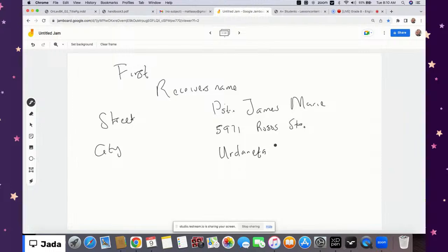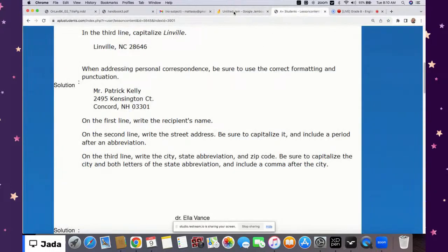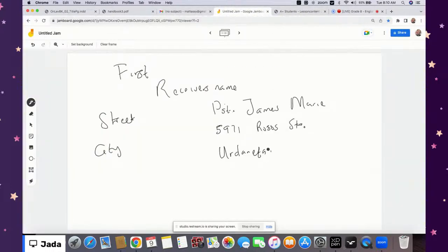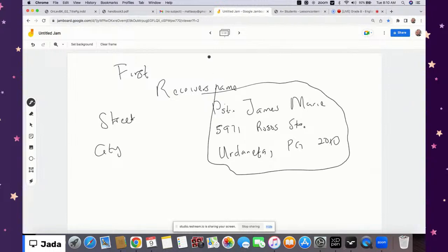Ordinator City, and then the state is going to be in capital letters, okay, and it's going to be abbreviated. So you have a comma here, and you say PG, zip code 2010. Okay, so this is how you write an address to whoever you are sending it to.